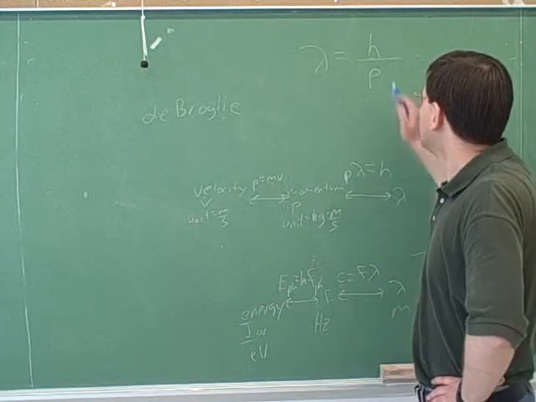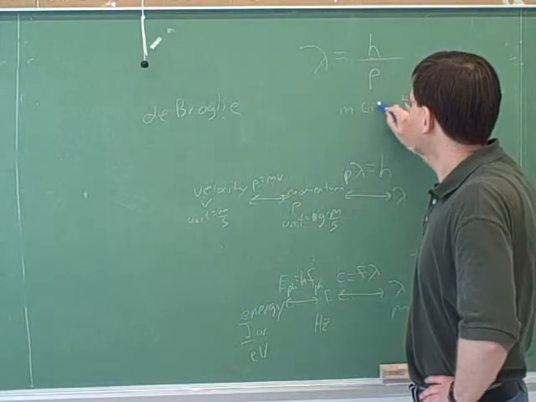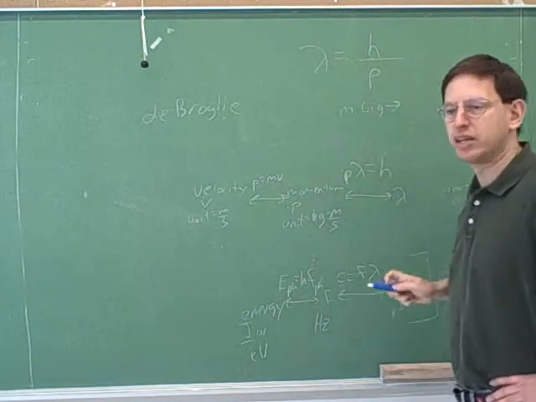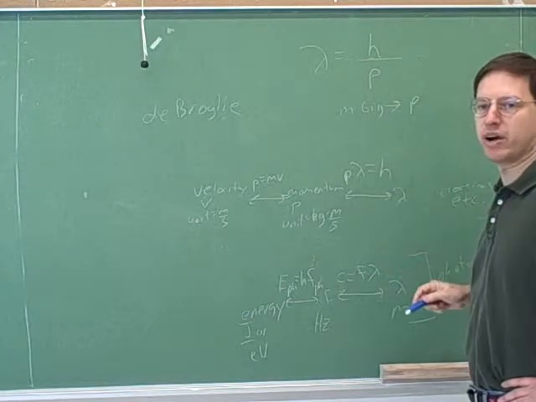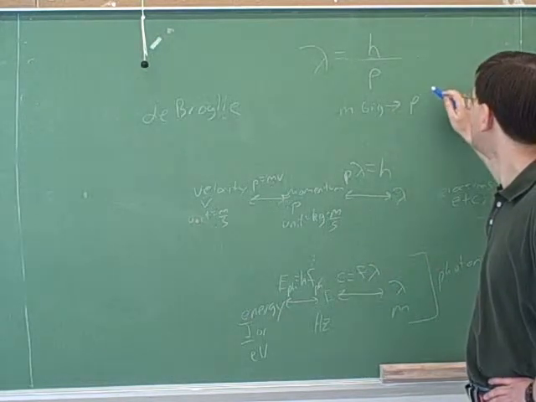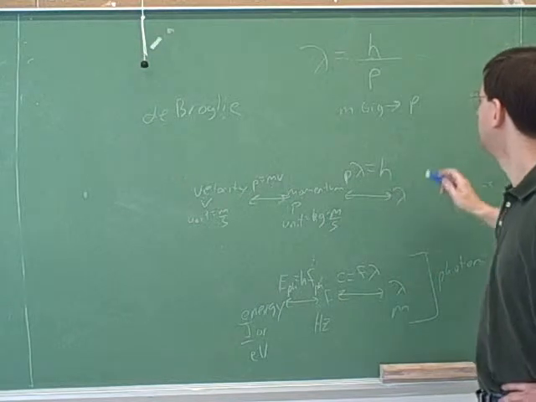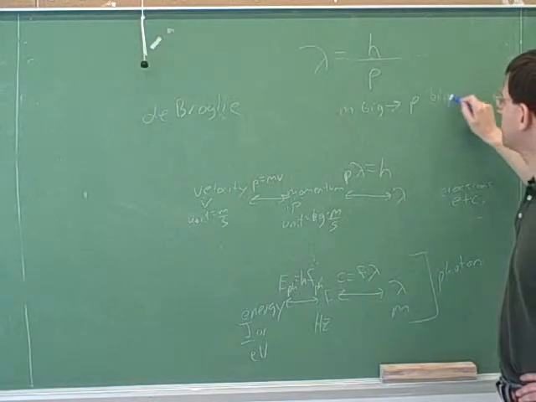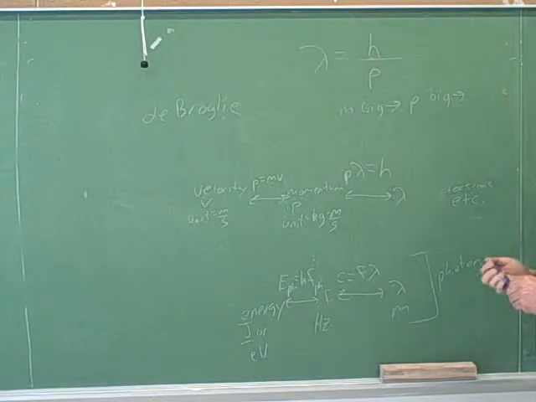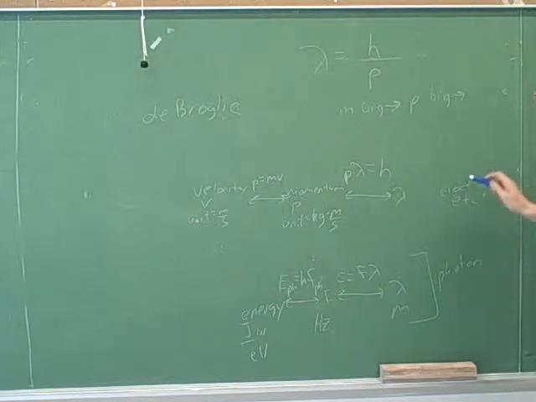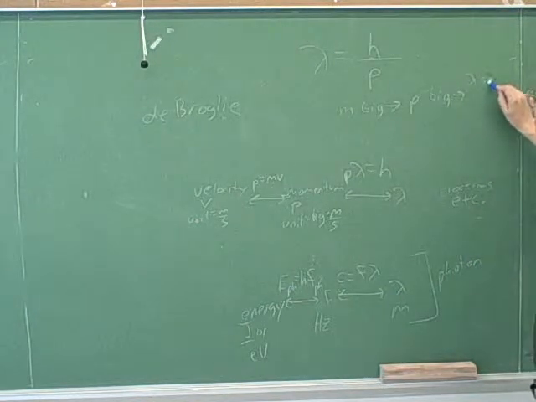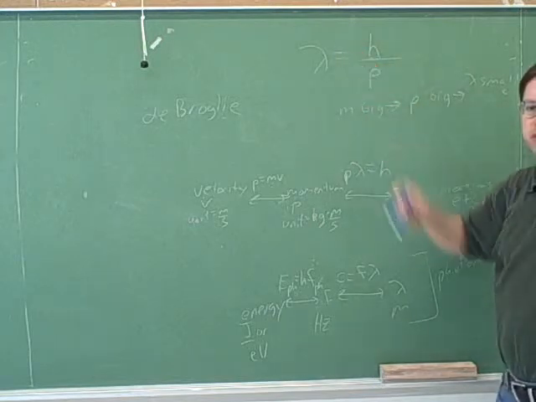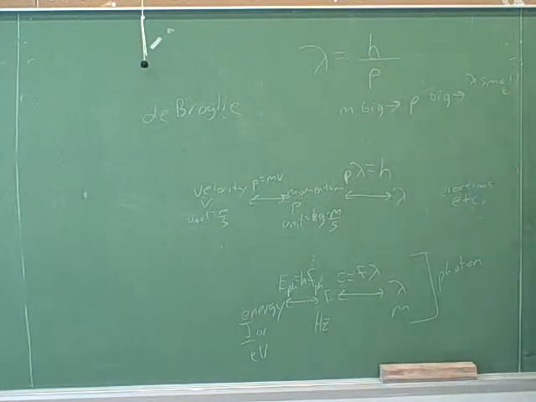Okay, now let's say that your mass is big. Does that mean your momentum is big or small? It means that your momentum is big. So does that mean that your wavelength is big or small? It's small, because a big denominator means a small wavelength. Does that mean your wave characteristics are important or not important?